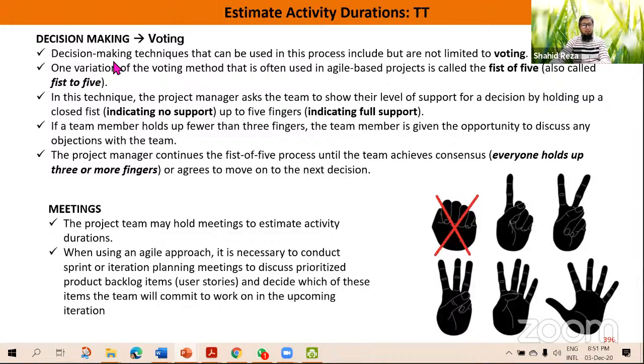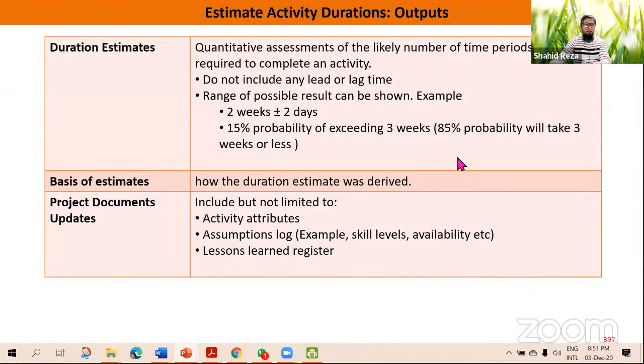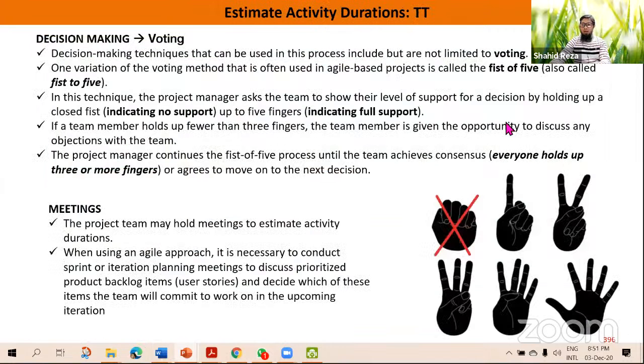Decision making. We have learned a lot of things about decision making, right? But in this chapter, one new thing is introduced in the 6th edition that is taken from Agile practices. In the Agile arena, this tool is used for voting, decision making.